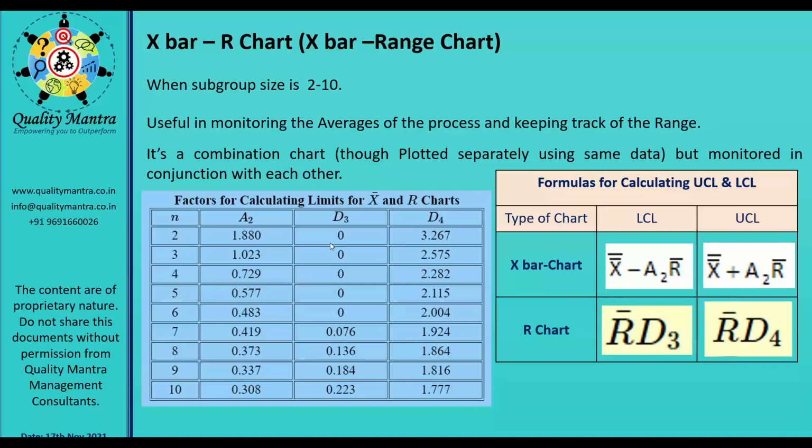The earlier one was the X, R chart, the moving range chart, for individuals. Here it is the X bar. It means you are plotting the averages, and in the formula you can see the X double bar. What is X double bar?